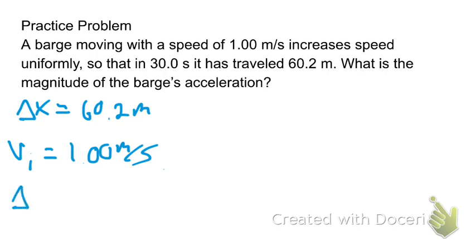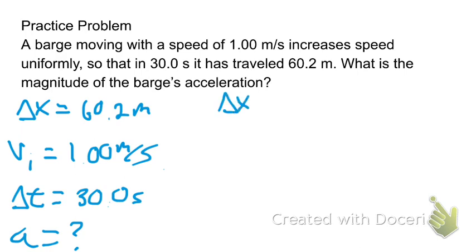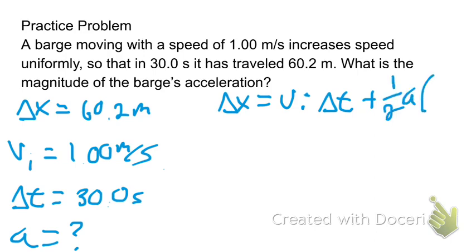And we do have a change in time, which is 30.0 seconds. But what we don't have is an acceleration. That's our missing value. So we can still use this equation, we're just going to be solving for acceleration, which, being our only missing variable, is possible for us. If we were missing another variable like time, that would not be possible.